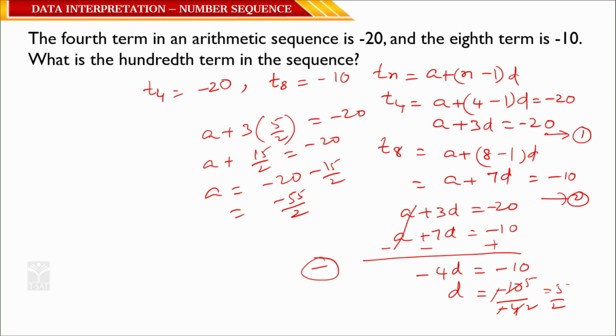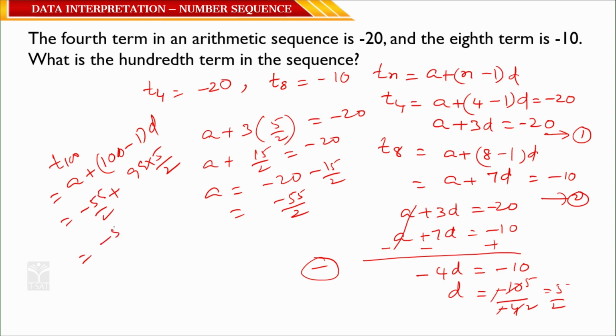Now, we are going to find the value of the 100th term. T100 is required. What is T100? A plus 100 minus 1 of D. A is minus 55 by 2, plus 100 minus 1 is 99, and D is 5 by 2.